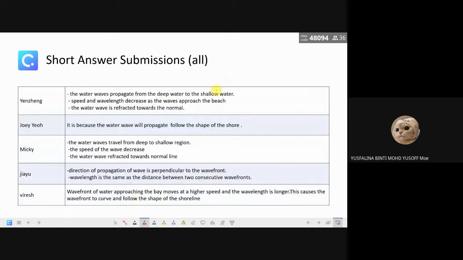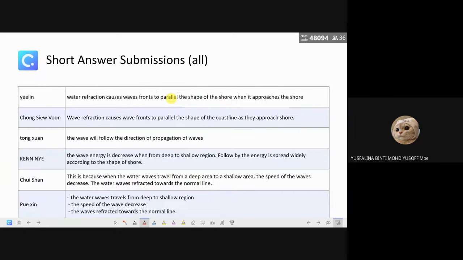Because I see some of you give the same sentence. Teacher, can show teacher answer again? Yes, after I finish marking, I will show you the answer. Or I can put this one in the group. I will save as PDF, then you can just copy the answer from there.